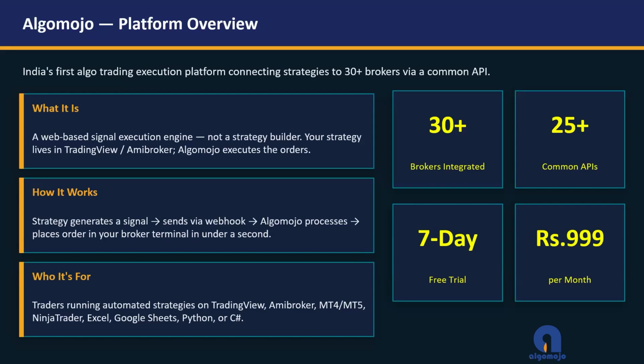In case you take an annual plan, it can come down to about 600 rupees per month. This is the Algomojo platform cost, and the additional cost that you would incur would be things like static IP, because that has become mandatory from the past couple of months.